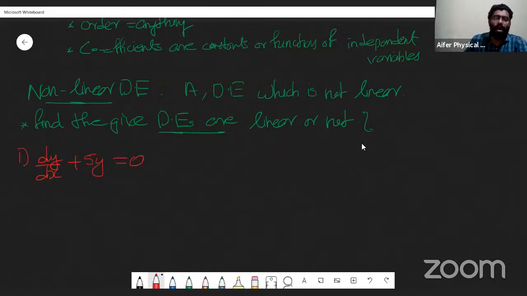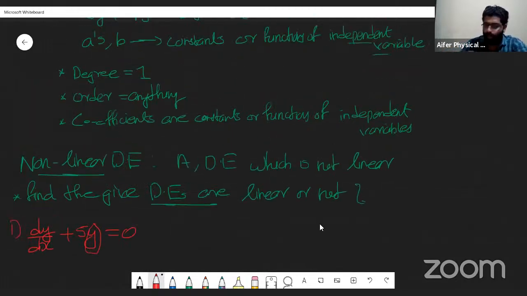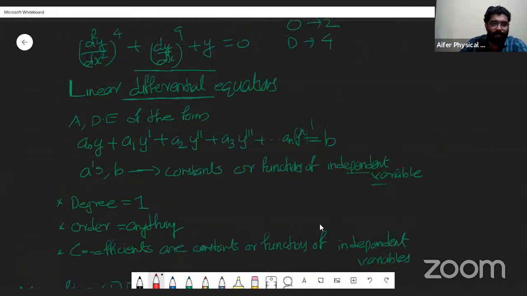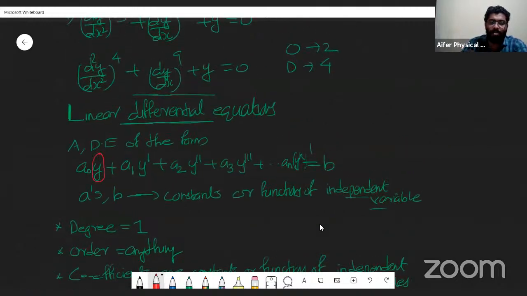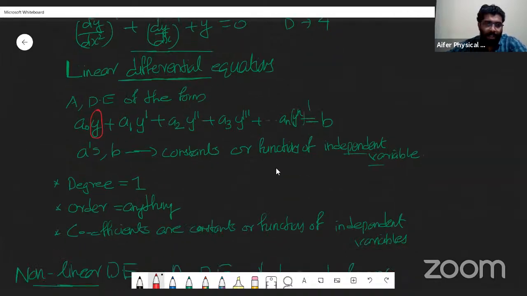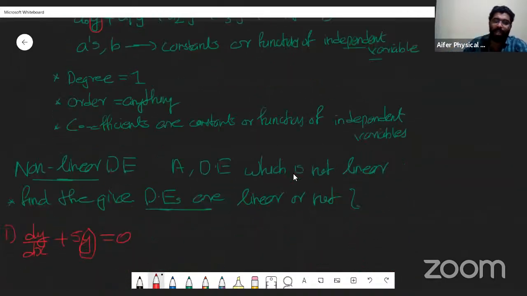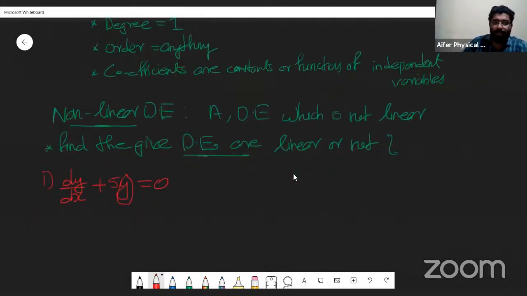The order is 1, the degree is 1, and the coefficient is just a constant. Here the dependent variable is y and the independent variable is x. Does the presence of y cause any trouble? No problem, because by the definition, a term with y can be there, y power 0 or y power 1. So this represents a linear differential equation. Of course, it is linear.